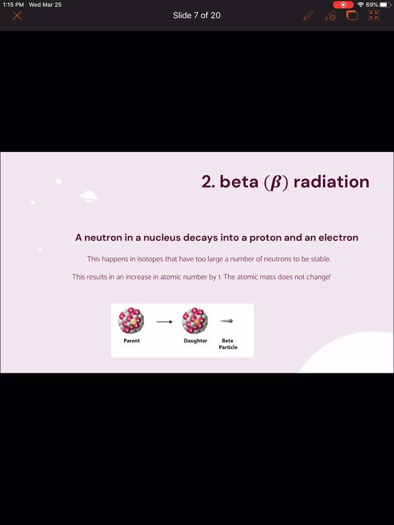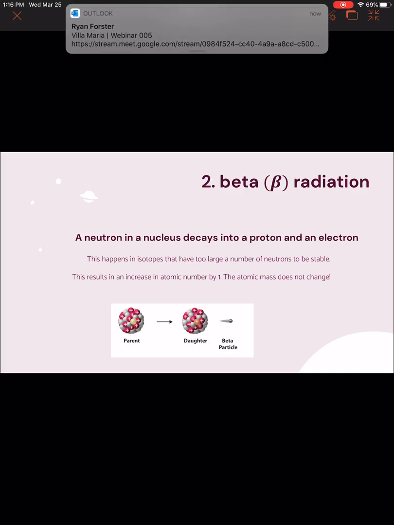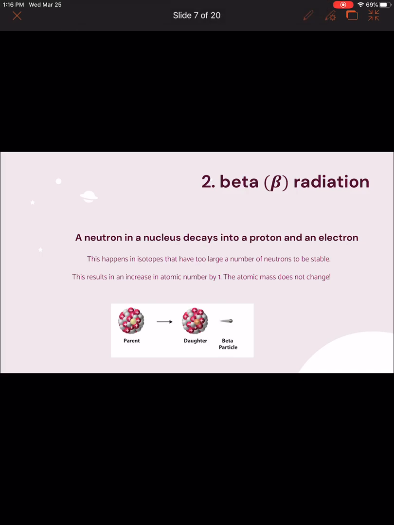Okay, so know that this doesn't mean, and I was alluding to this earlier, that there's a proton and an electron trapped inside every neutron waiting to be free. Due to fluctuations in this quantum field, this neutron will produce a proton and an electron. It actually also produces a third particle called a neutrino, but that's a very light particle.